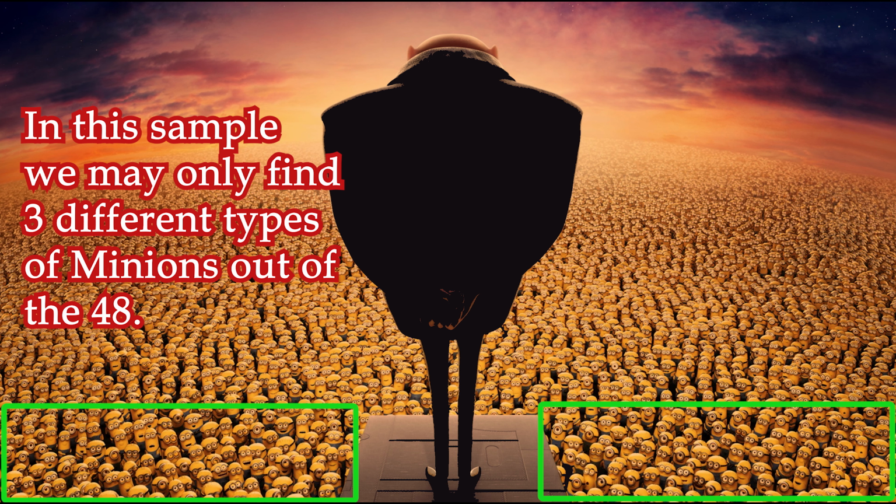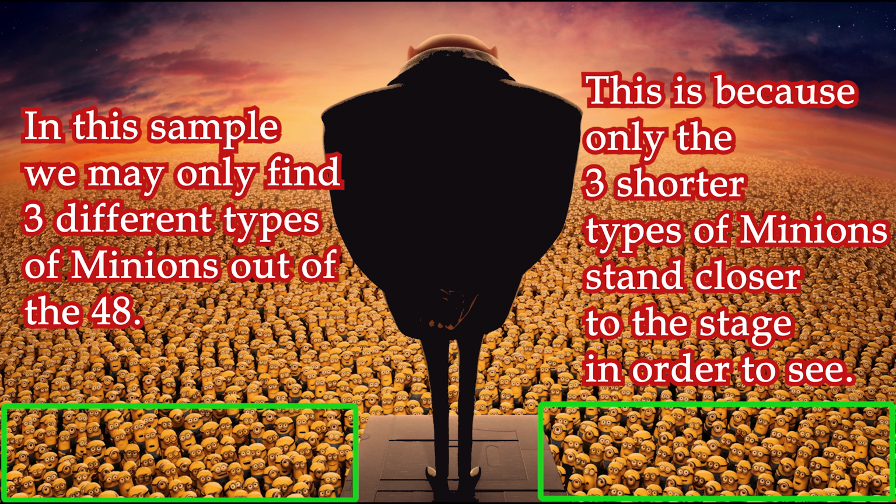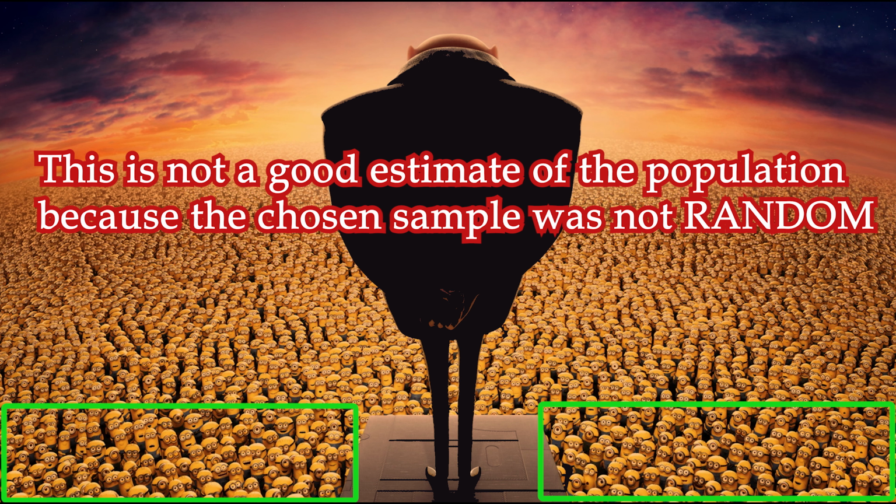Well, a possible problem with obtaining our sample like this is the failure to consider that mostly short minions tend to stand closer to the stage in order to see. So we are severely limiting what subjects will be in our sample. To avoid any biases or misrepresentation, make sure you sample at random. We will learn how to randomize samples later in this course.